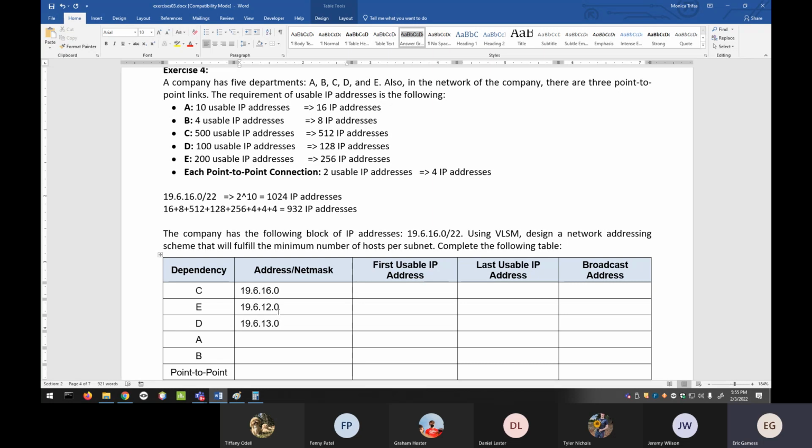Okay, D has 128 IP addresses. So A will start where? 0 plus 128 will be 128. Okay, A has 16 IP addresses. So B will start where?